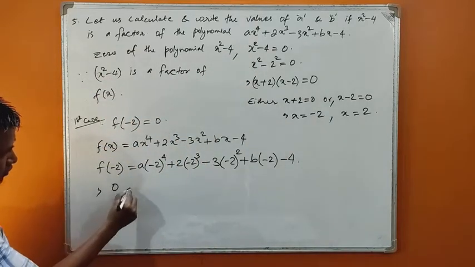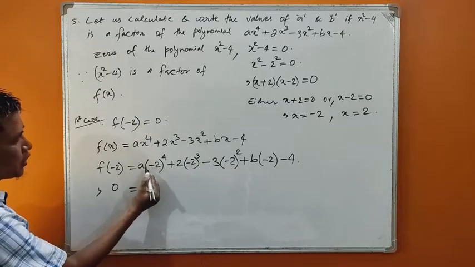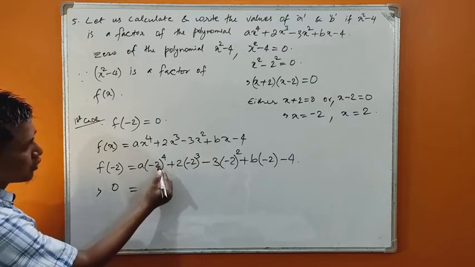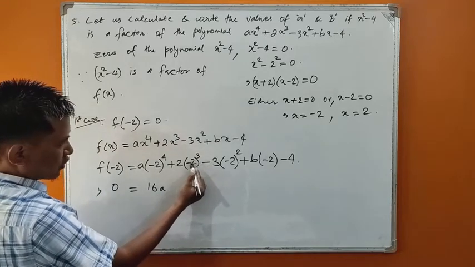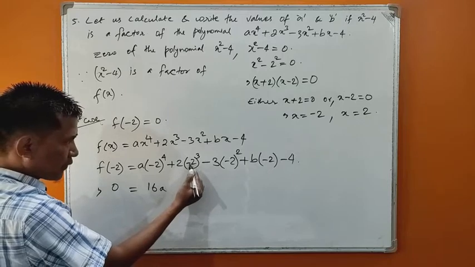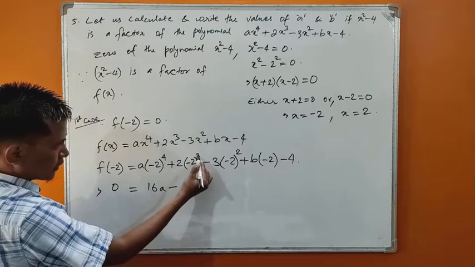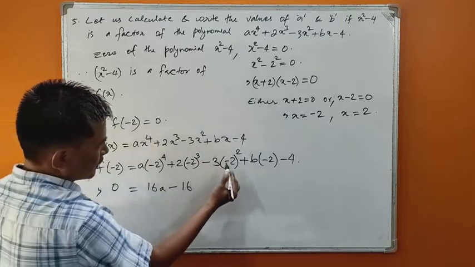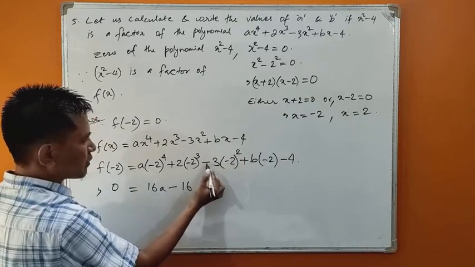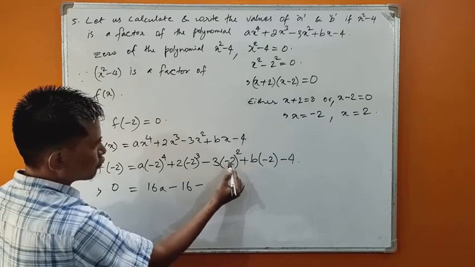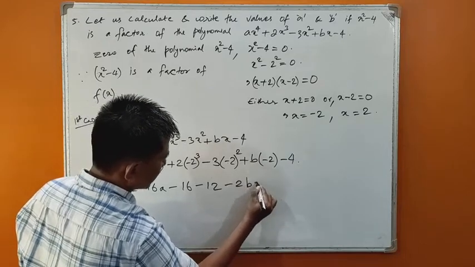Since the power is an even number, this minus will become plus, so 2 to the power 4 is 16, 16a. Since the power is odd, the minus will remain minus: 2 cube is 8, 8 into 2 is 16. Since the power is even, the minus changes to plus, and plus into minus is minus: 2 square is 4, 4 times 3 is 12. Plus into minus is minus, b into 2 is 2b, minus 4.